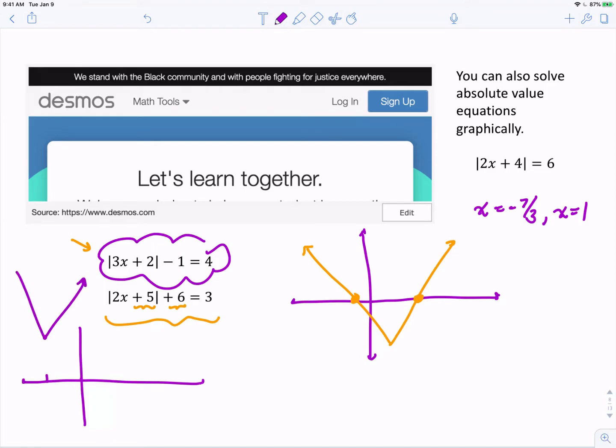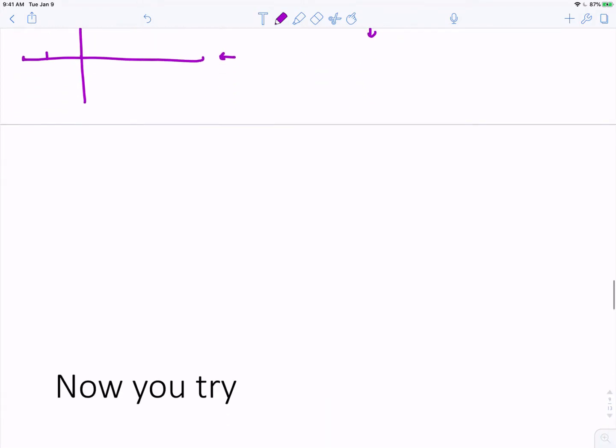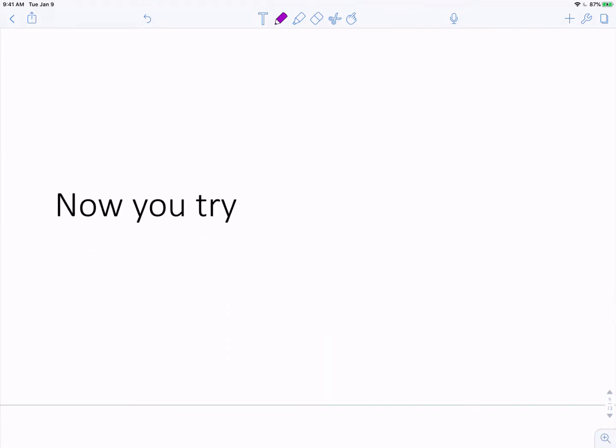Notice that this V is never going to cross the x-axis, and so it's never going to have any solutions. I'll let you explore this last one by yourself if you'd like. If you explore solving absolute value equations by graphing, what you're looking for is where the V crosses the x-axis, if at all. And if it never crosses the x-axis, then it has no solution. Okay, I think it's time for you to try a couple.